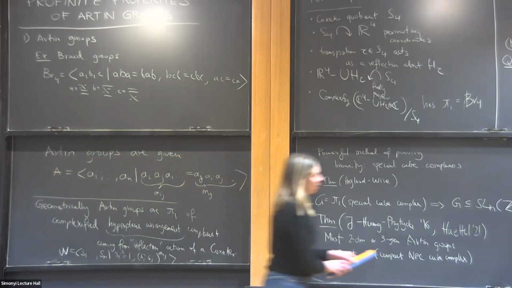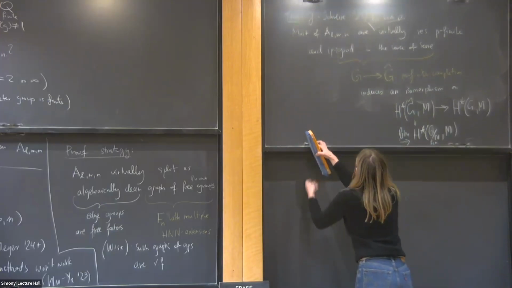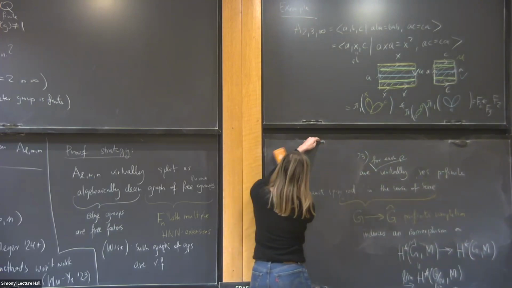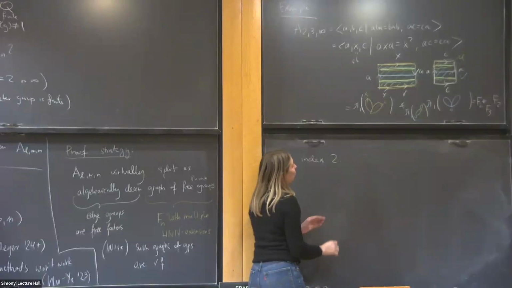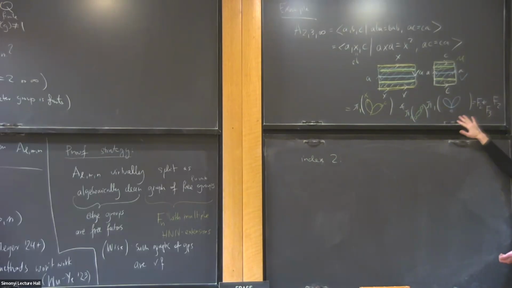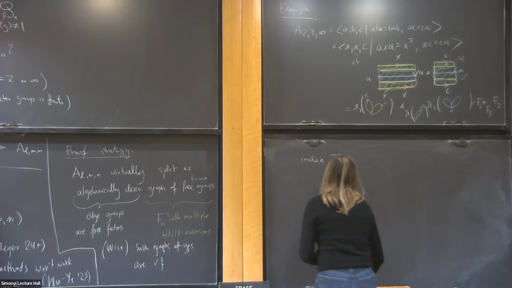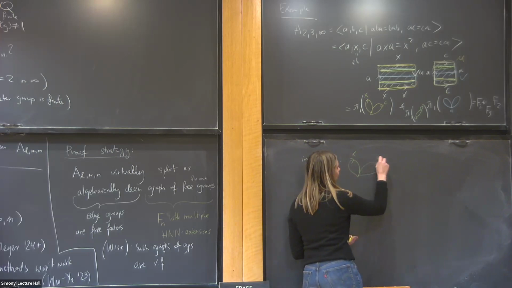Want me to draw the rest of the picture? Okay, so I'm going to do it in two steps. For one, when I have this thing, this group is always index 2 here, so I can get rid of this by passing to an index 2 subgroup. I'm going to use different colors now to encode things.